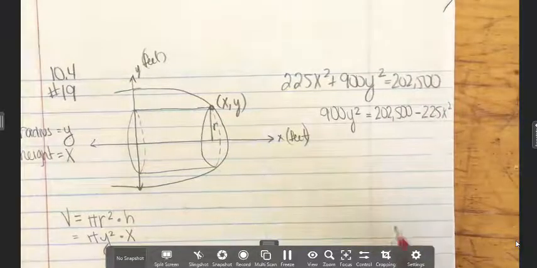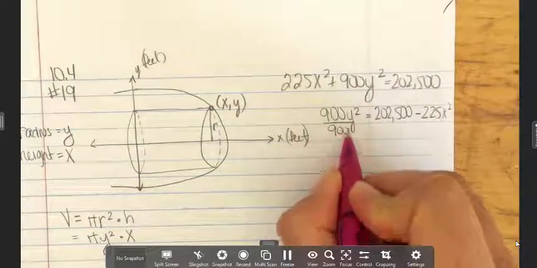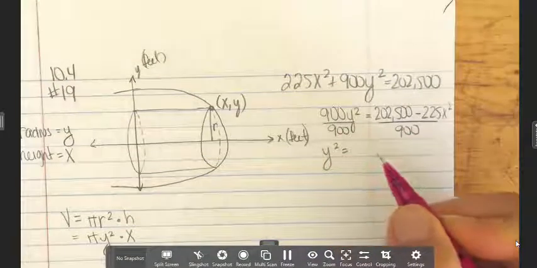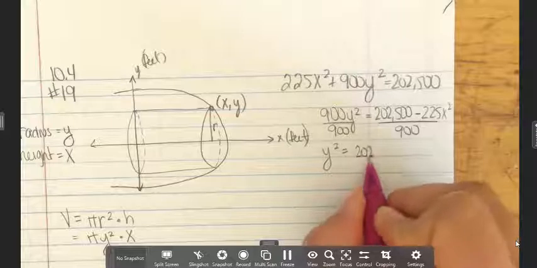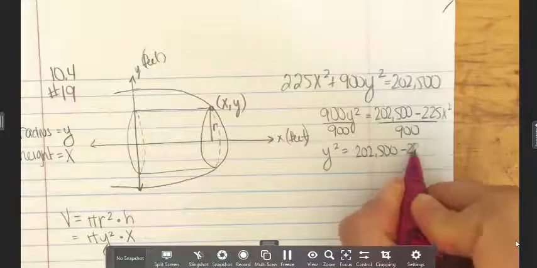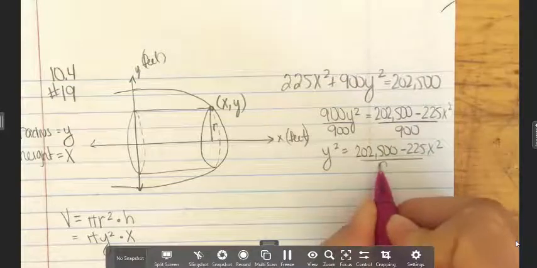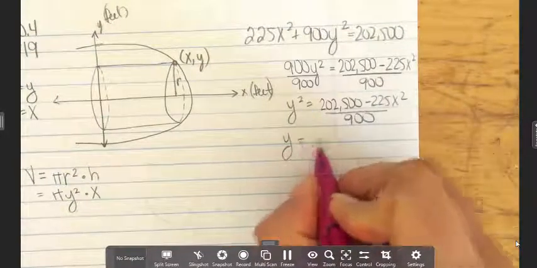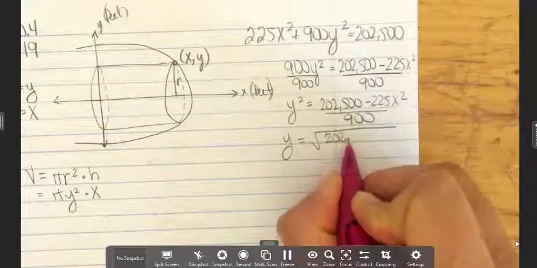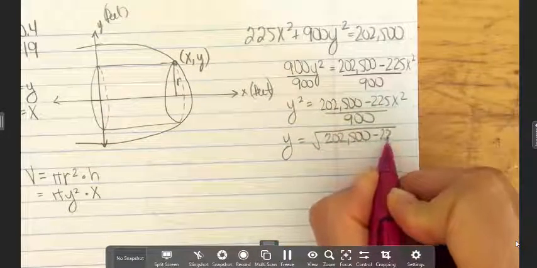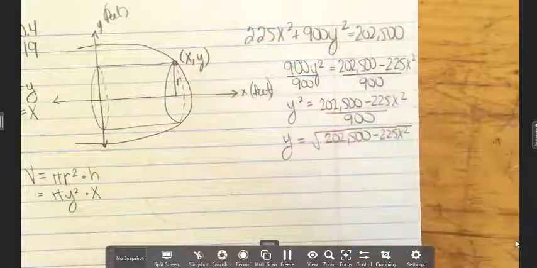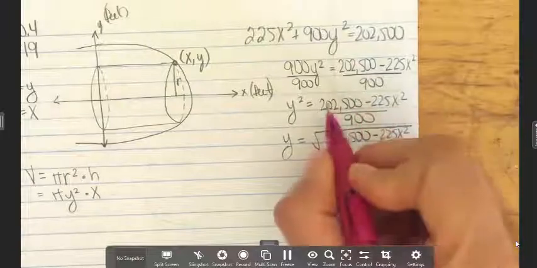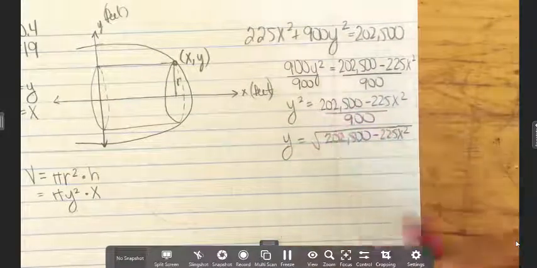Divide everything by 900. Taking the square root of both sides. And I'm allowed to take the square root of 900 because it's like taking the square root of the numerator, taking the square root of the denominator.